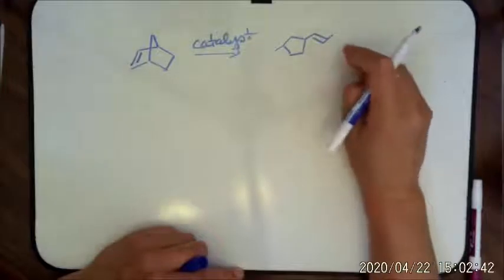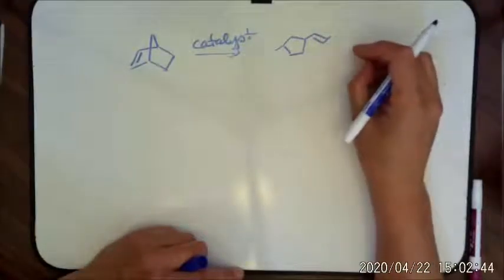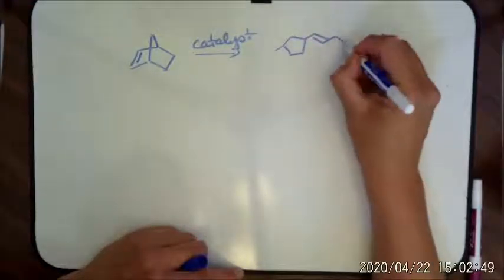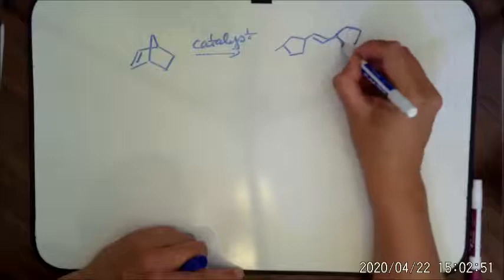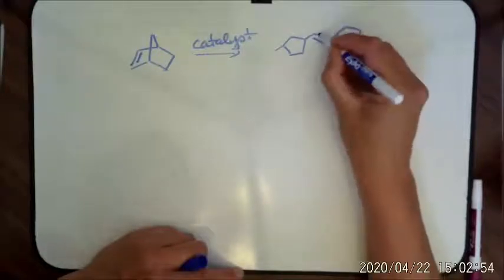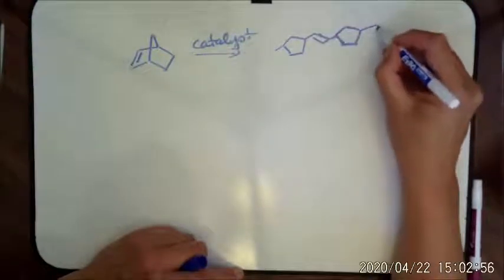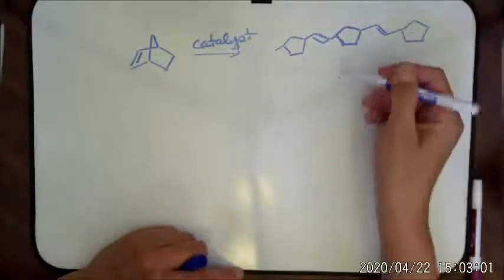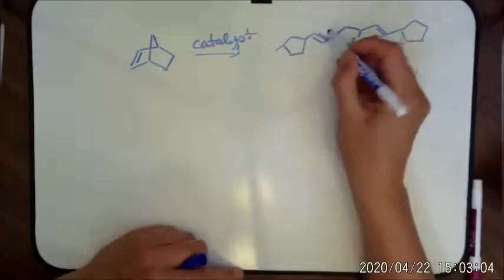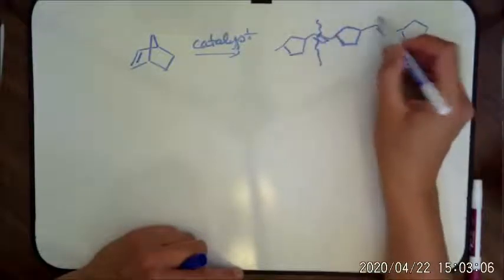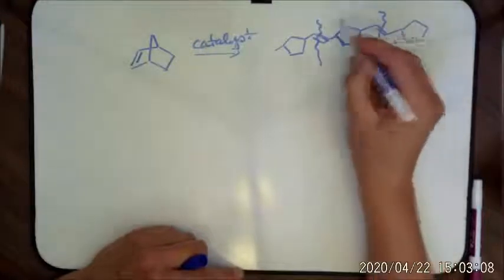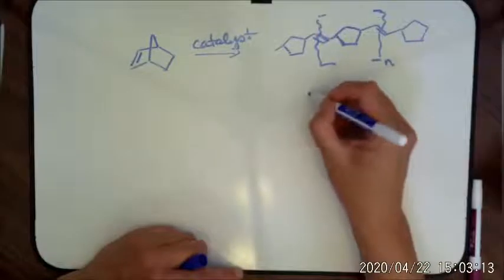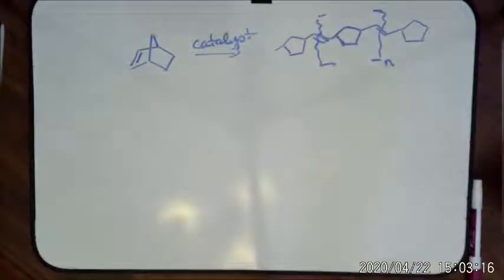Let me see if I can draw this right. 1, 2, 2, 3, 4, 5. Is that bond? 1, 2, 3, 4, 5. Okay. So what's happened here is you're going to get polymerization.